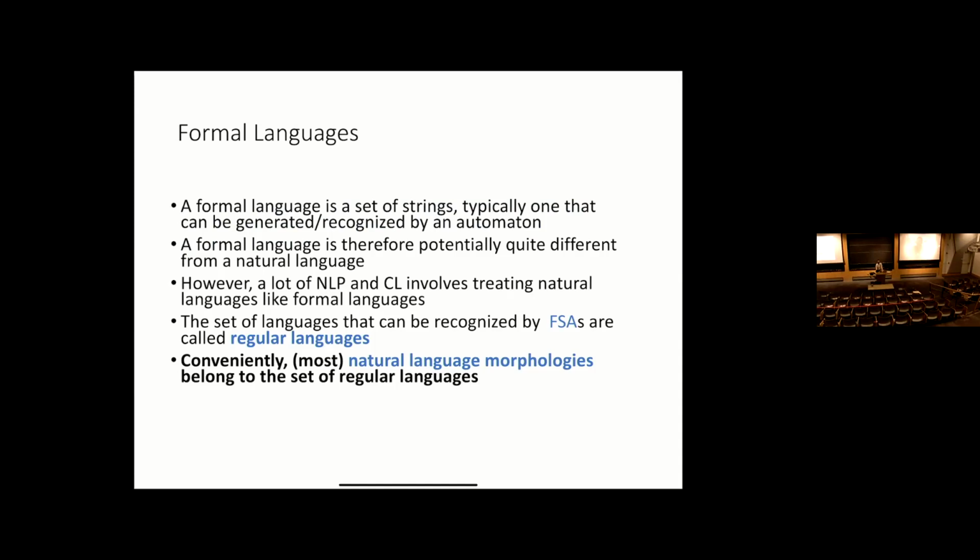There's a set of languages that can be recognized by FSAs, and these are called the regular languages, the same languages that can be described with regular expressions. And it's very convenient that most natural language morphologies belong to the set of regular languages. There are some exceptions, but for the most part, this is true.